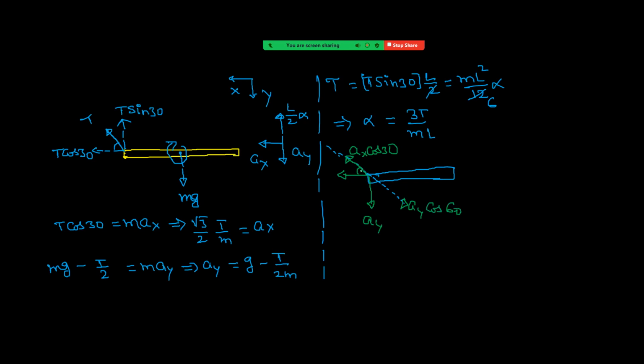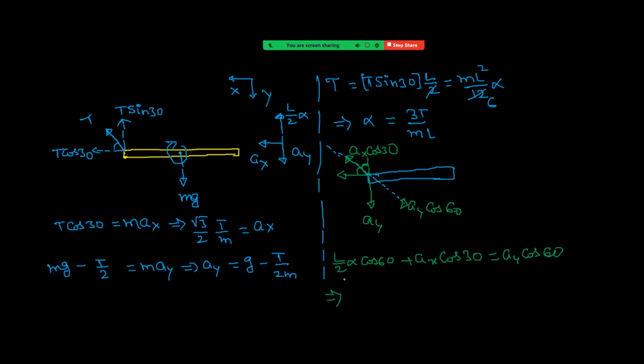R alpha is upwards. This is 60, so this also 60. So L by 2 alpha cos 60. I'm writing here: L by 2 alpha cos 60 plus AX cos 30 should balance AY cos 60.